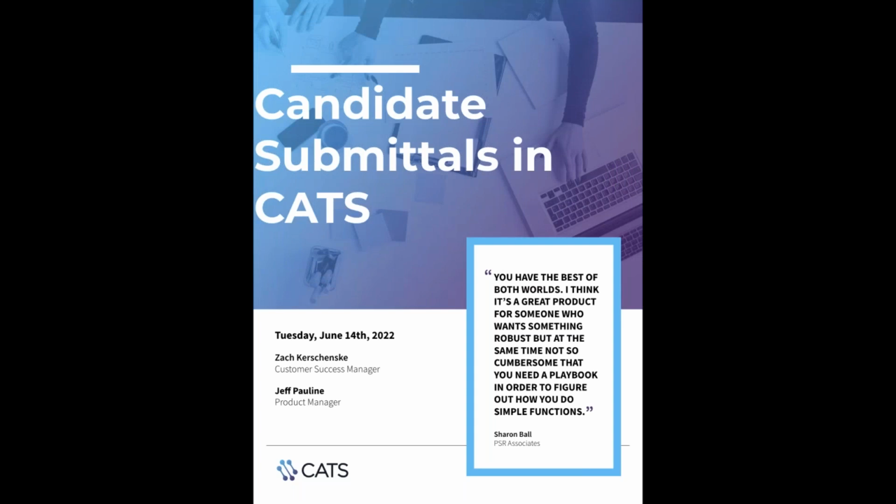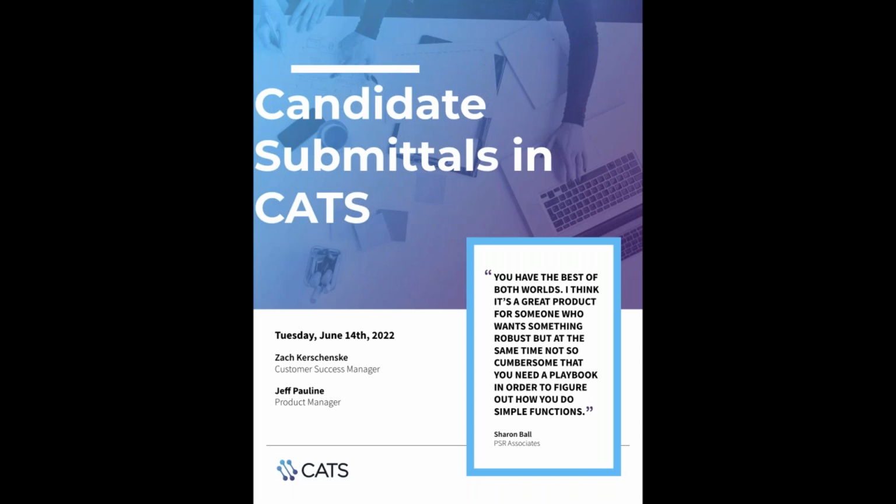So again, today's topic, candidate submittals in CATS. The little blurb that we had leading up to today was talking about the candidate workflow. If CATS has one feature, honestly, it's the ability to walk candidates through those different steps in your workflow and have them go through the different stages.